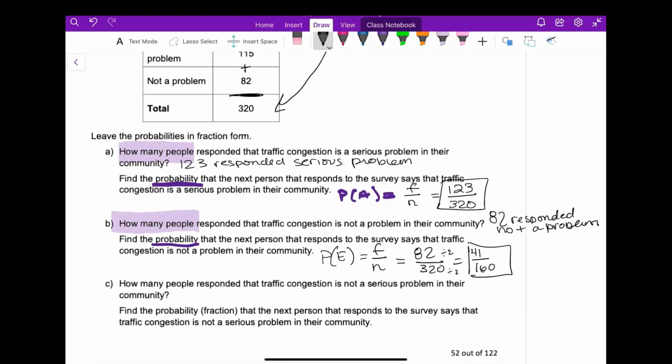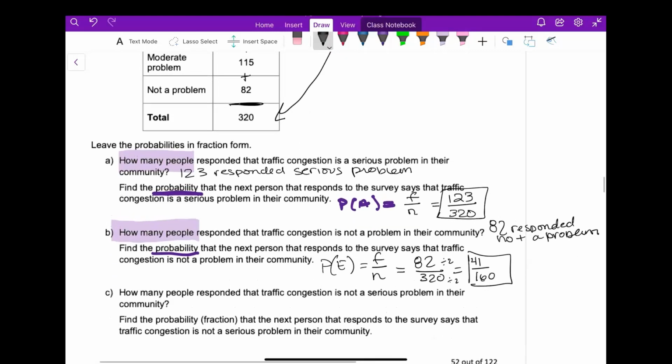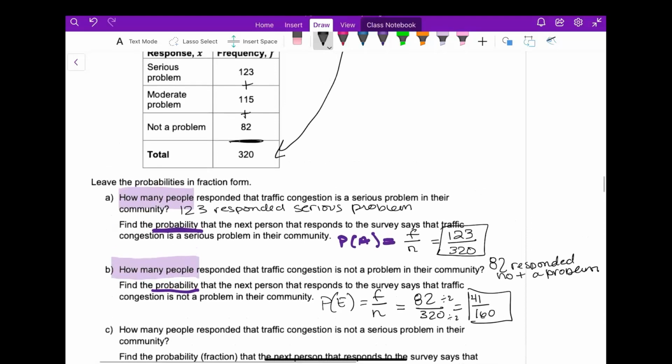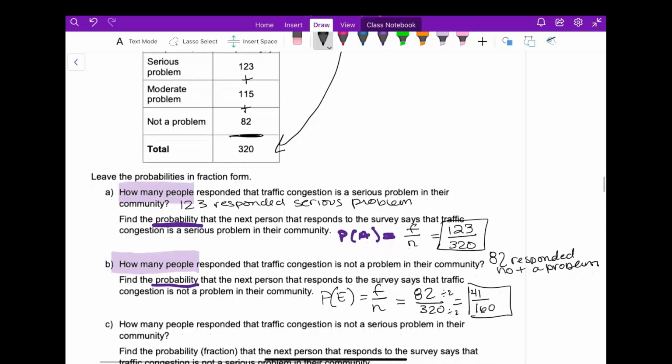How many people responded that traffic congestion is not a serious problem in their community? So this one's very different than the other ones. First of all, we're looking at how many people, so you're just looking for a number, not a probability. And then it says, not a serious problem. When I go to my table, this is not in my table. There's serious problem, and there's moderate problem and not a problem, but none of these say not a serious problem.